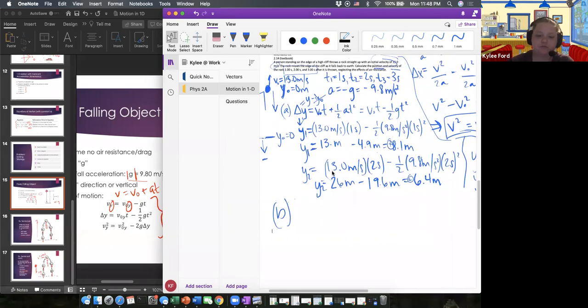So my last equation is, let's start this over, v squared equals v naught squared minus 2g delta y.